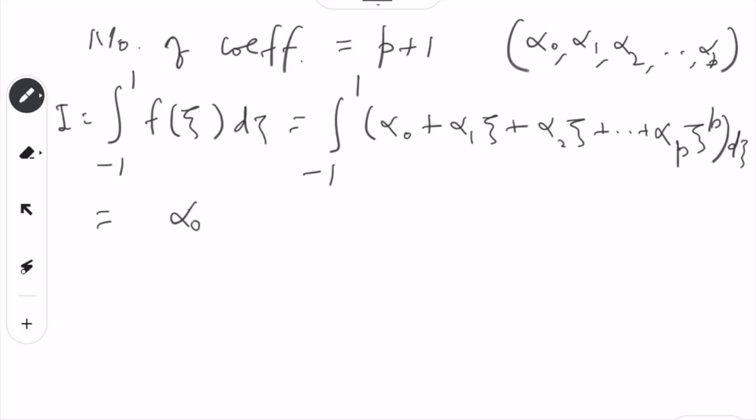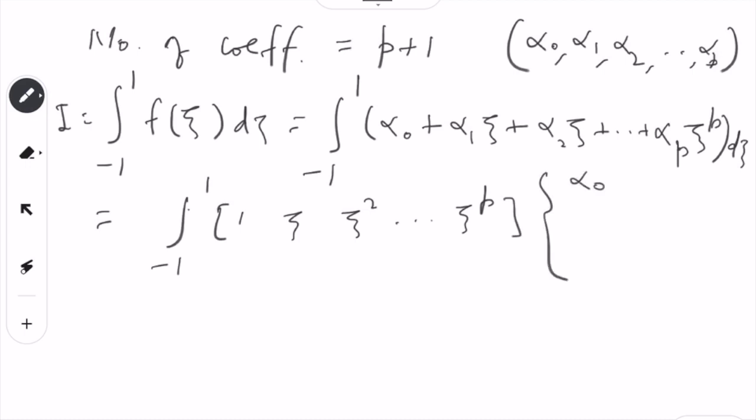Okay, this also we can write like this. So this is equal to the integral from minus 1 to 1 of the row 1, xi, xi square, up to xi to the p, multiplied by alpha naught, alpha 1, alpha 2 to alpha p, d xi. Okay, and which is what you get? You get something like this.